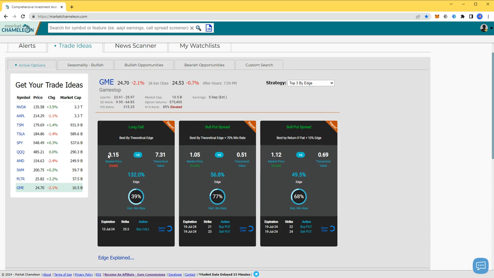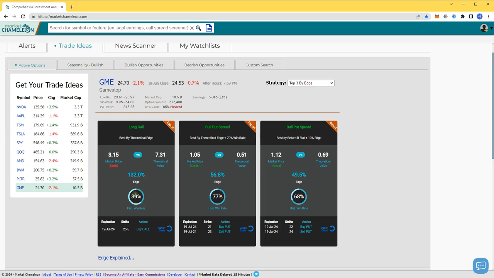What it tells us is that you can buy right now the 25.5 call for $315. I assume you know that one option is worth times 100, so 3.15 times 100, $315.